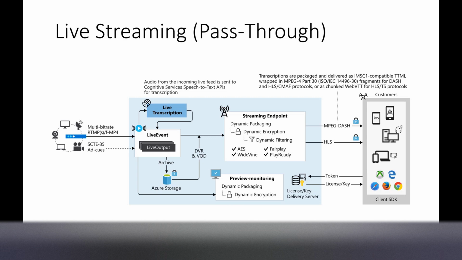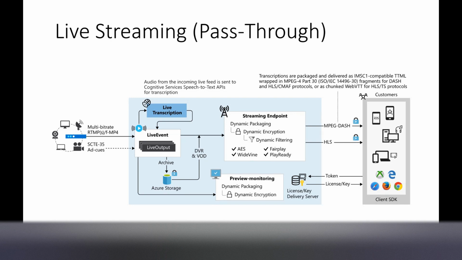Okay, and then we go through live streaming. There are two aspects to live streaming. One is that you have a multi-bitrate MP4 with you and you just want to stream it, and you're using Azure just to pass through. You're not taking the output; you're already producing multi-bitrate MP4 and you are just streaming it to the end consumer.